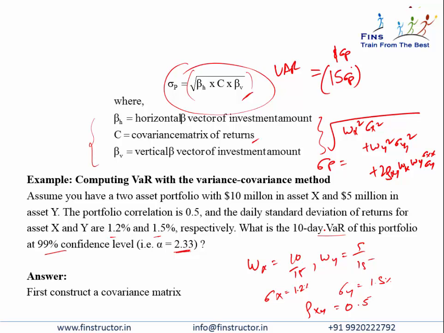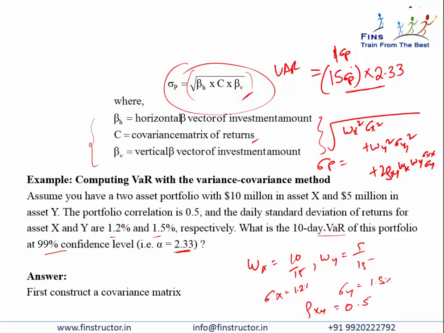We call it dollar standard deviation, multiplied by the confidence interval, that is 2.33, which will give us the VAR of the portfolio, or 99% of the times the 1-day loss should not exceed this value.